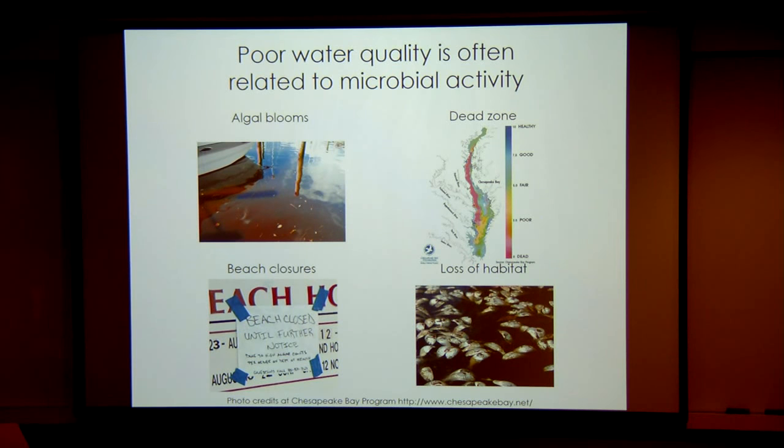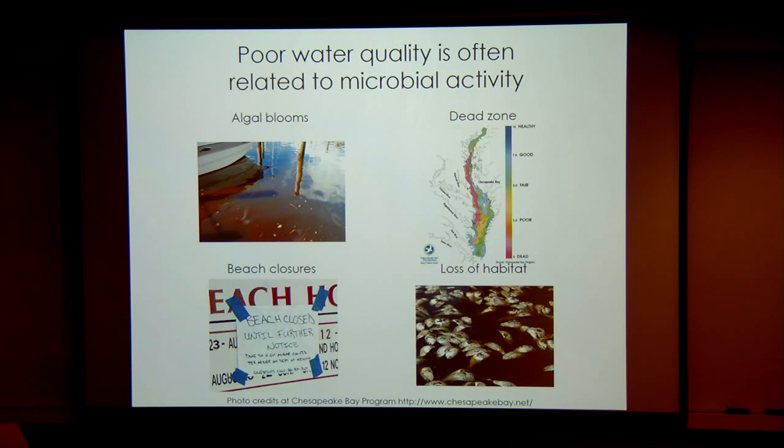My focus is on the impacts that microorganisms have to water and water quality. One of the major issues that we face in terms of microbial biomass is algal blooms. Algae responding to a lot of the nutrient inputs from agricultural runoff or urban runoff in urban areas can cause the water to be discolored through their growth.